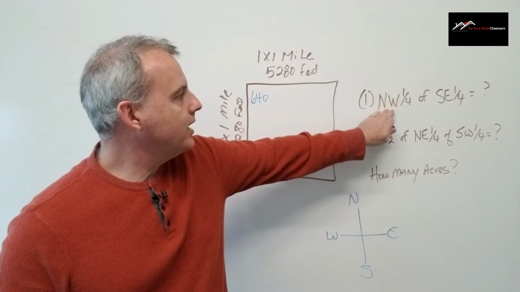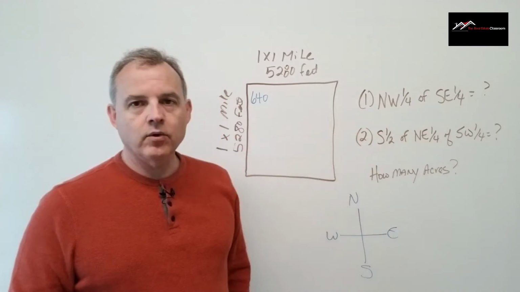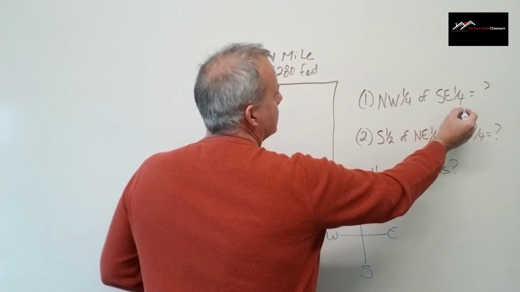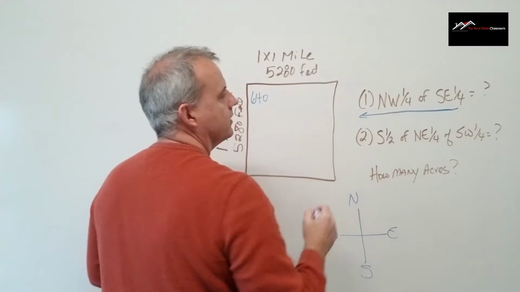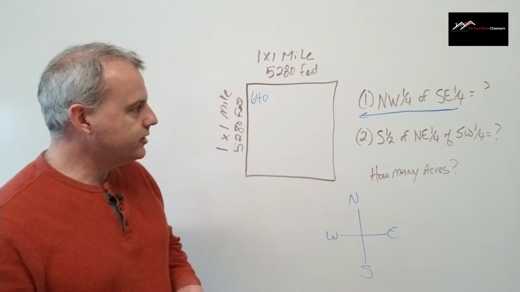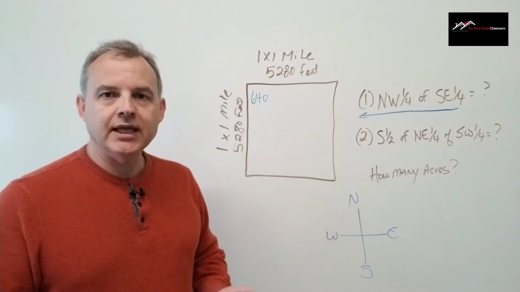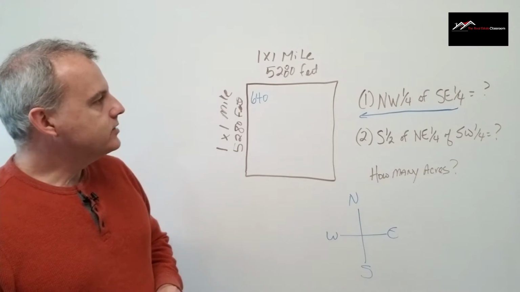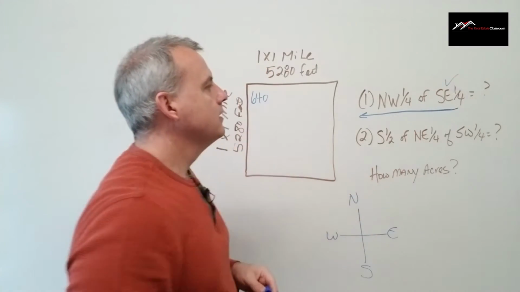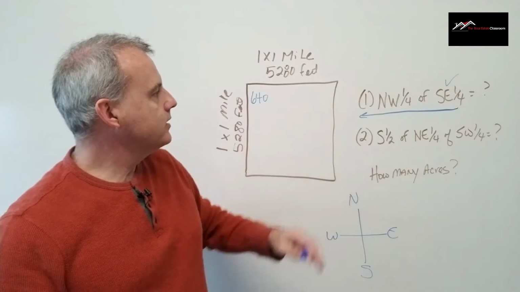So the northwest quarter and the southeast quarter. The other thing you have to understand about these problems is we have to work them from the back forward. That's real important. Otherwise, you're going to get the location of this legal description incorrect. All right, so first we're going to deal with the southeast quarter, and then we're going to deal with the northwest quarter.